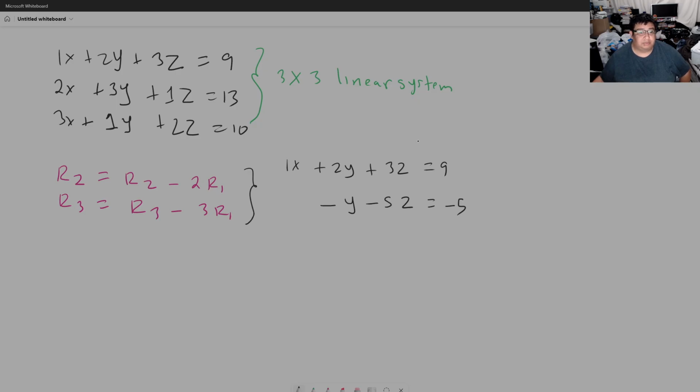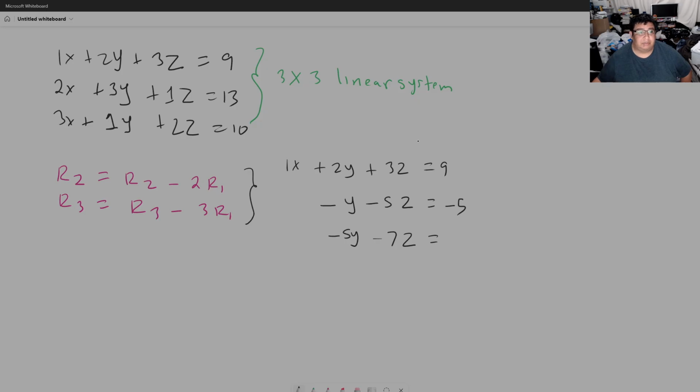Now we're going to do the third row, so it's going to be 3 minus 3x, that's 0, so we're going to do 1 minus 6, that would be minus 5y. Then for this we'll do 2 minus 9, because we need to multiply times 3, so 2 minus 9, that will be negative 7z.